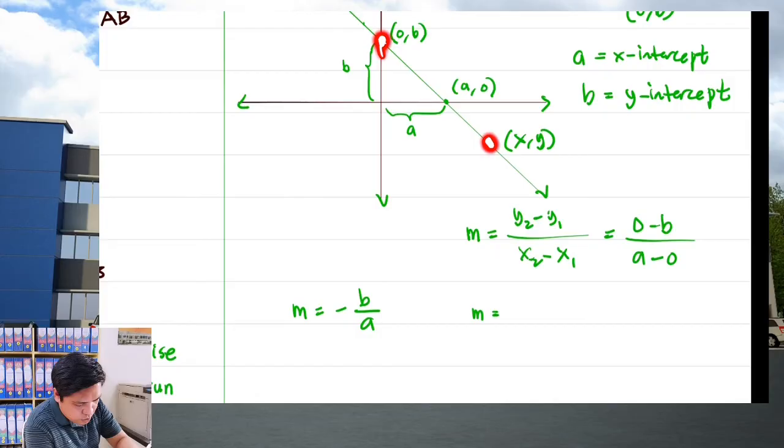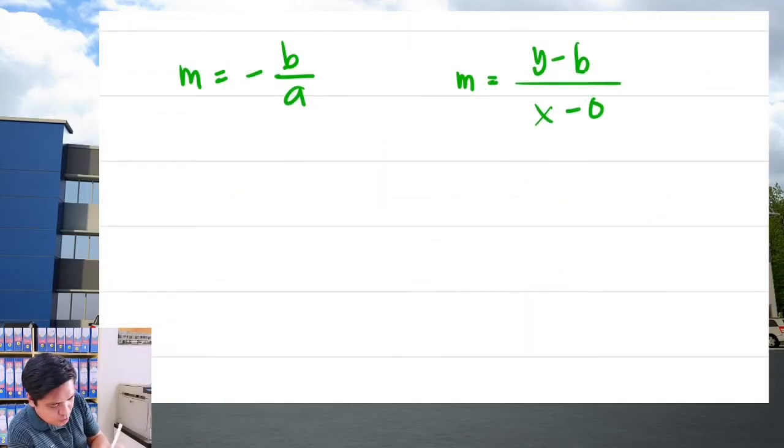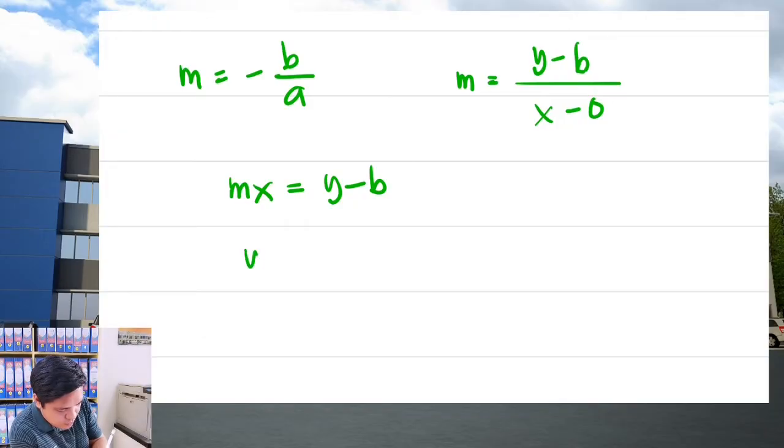So, the slope is equal to the change in y, so that would be y minus b, y2 minus y1, over x2 minus x1. So, that's x minus 0. Now, simplifying, we'll have mx is equal to y minus b. So, therefore, y is equal to mx plus b.